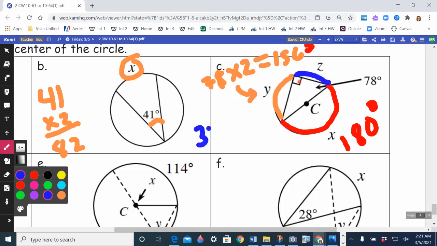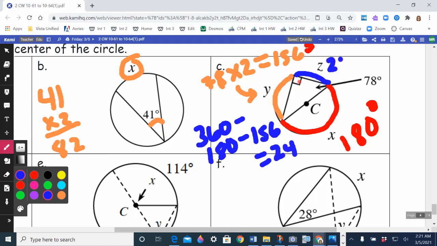So I'm going to go 360 minus 180, which is 180, minus 156. When I take 360 minus 180 minus 156, I end up with 24. So this is 24 degrees.